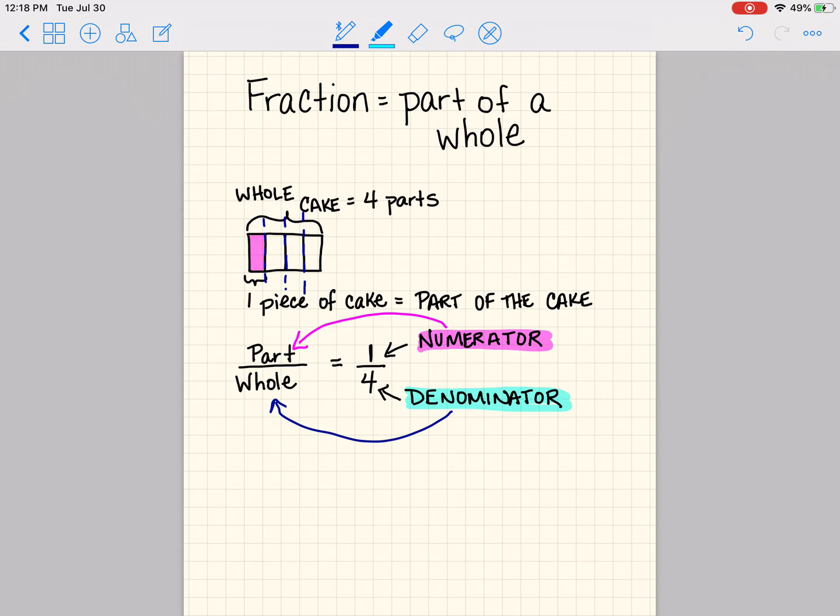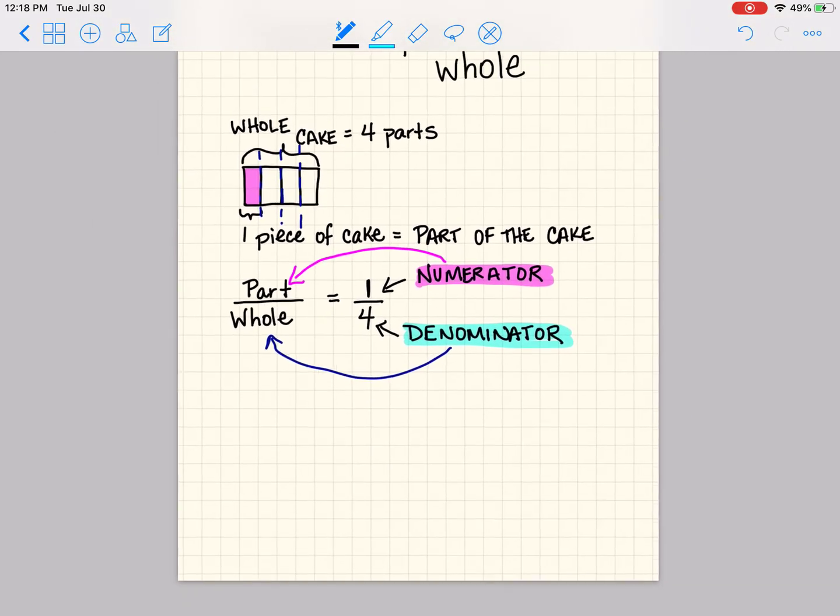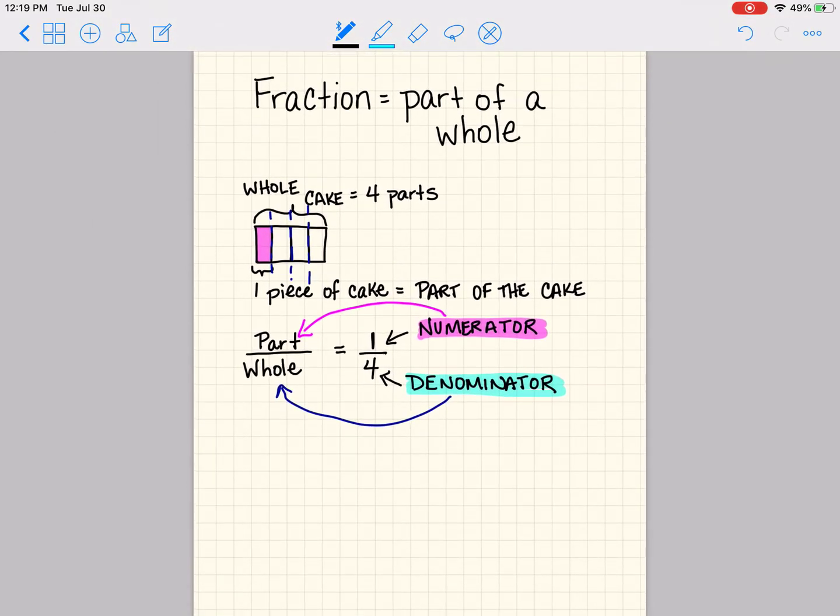It does represent a number. So remember that if you see the fraction 1/4, you're not seeing 2 numbers. This is one number.